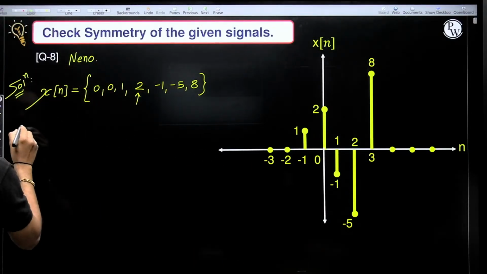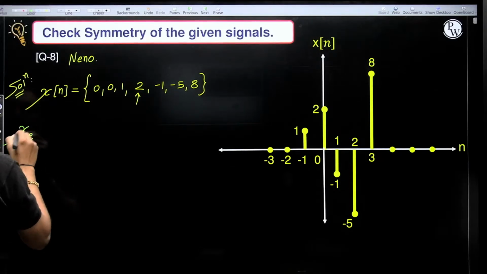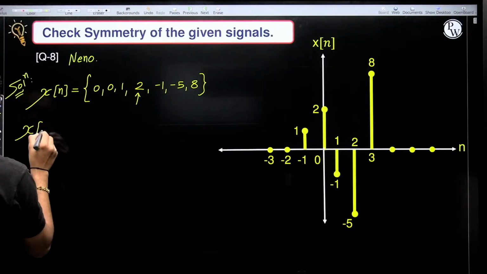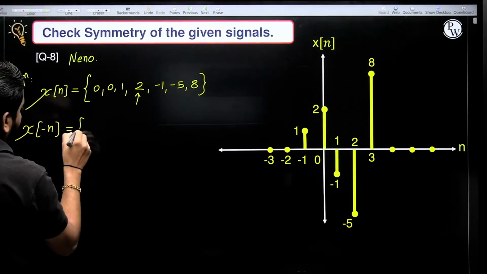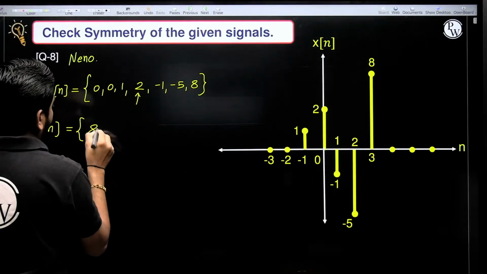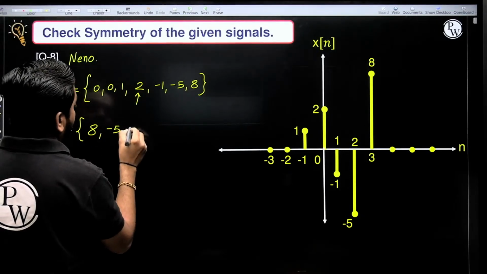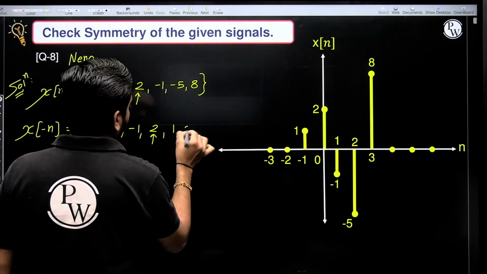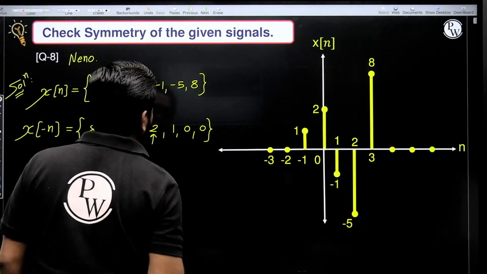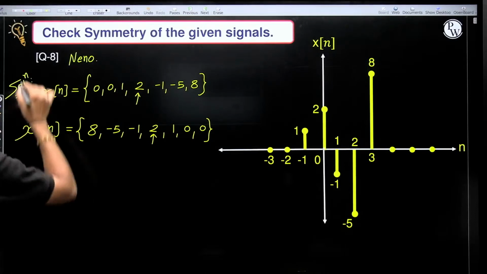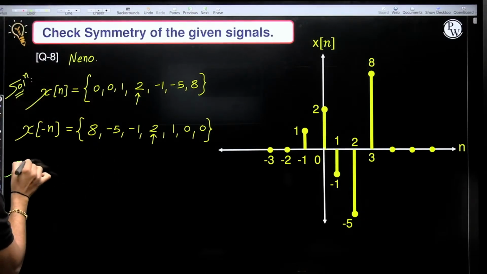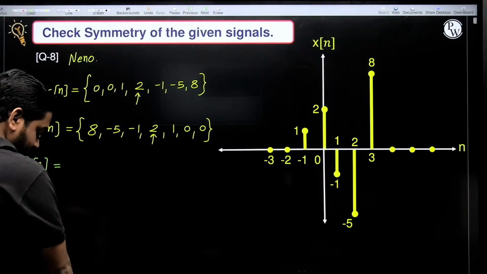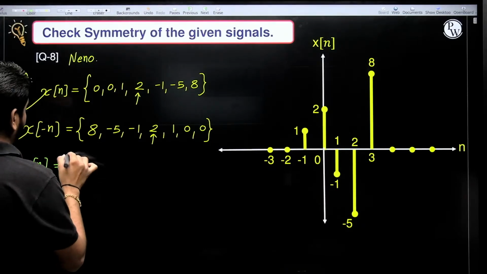Now let us calculate even part. First of all, you require x of minus n. X of minus n equal to 8, minus 5, minus 1, 1, 0, 0. Okay. X of n even part.